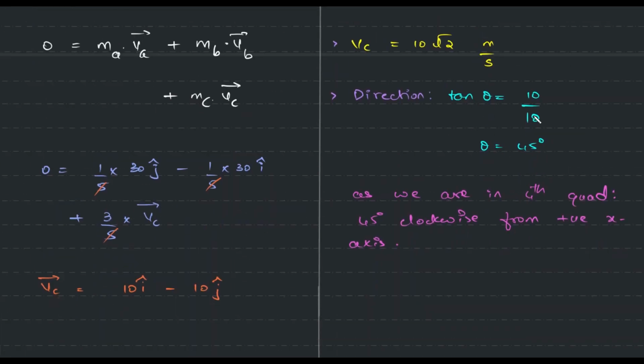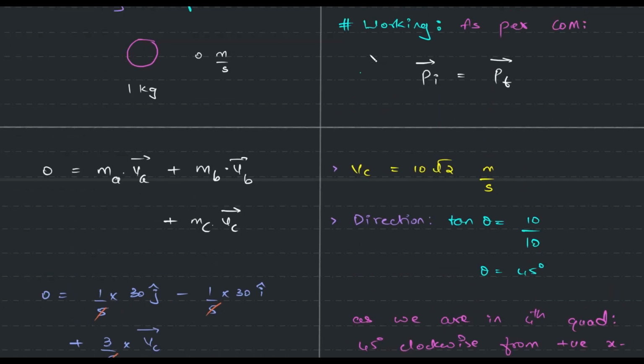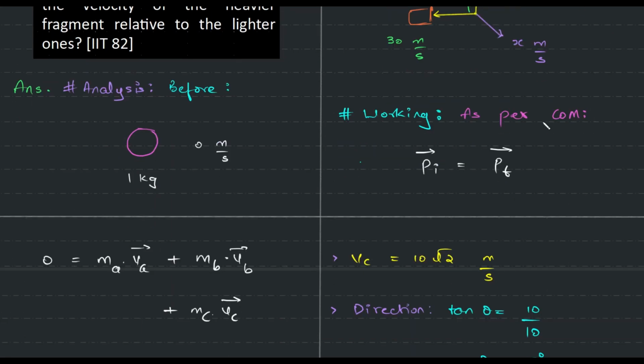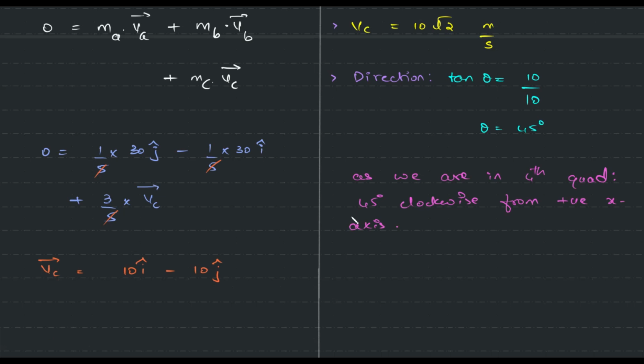Then what else do we need? Oh yeah, this is the velocity of part C in general with respect to the ground, but with respect to other parts, what is the velocity? That too we have to figure out. So next we have velocity of C with respect to A. How will we figure this out?